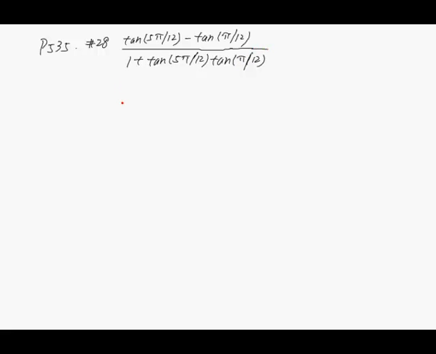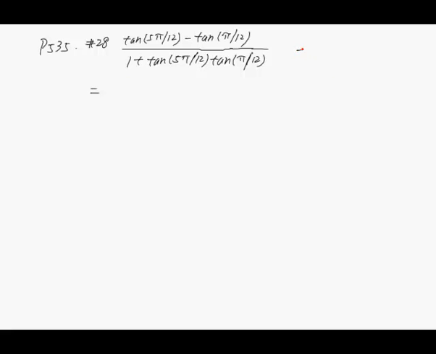Tell me, which identity should I use? Identity of sum or difference? Sum or difference? Difference of what function? Tangent, right? So let's record the tangent of a difference identity.